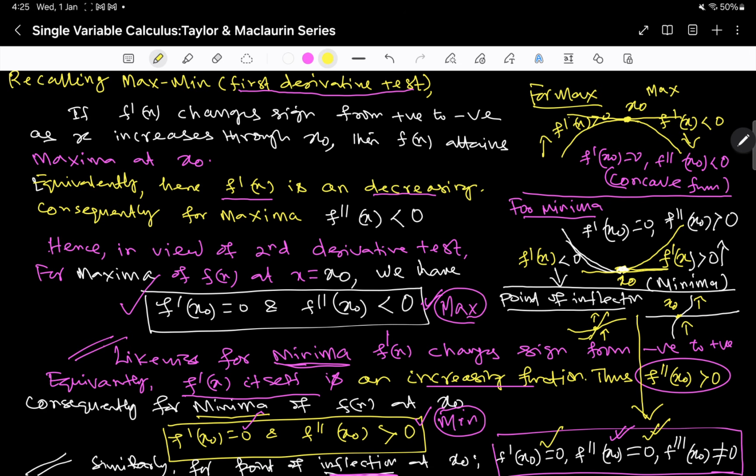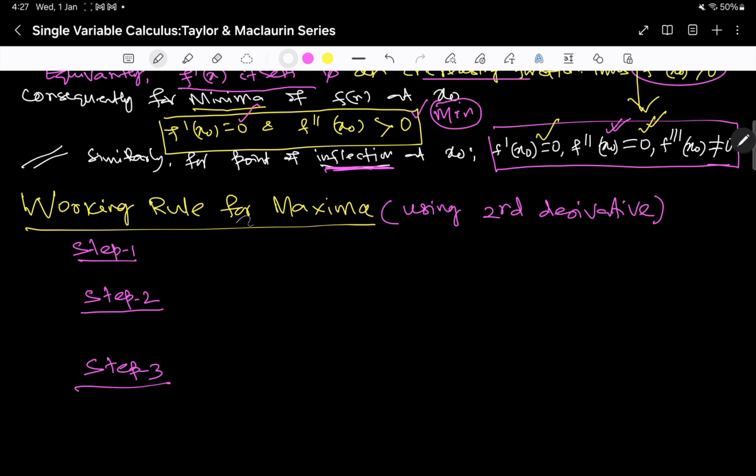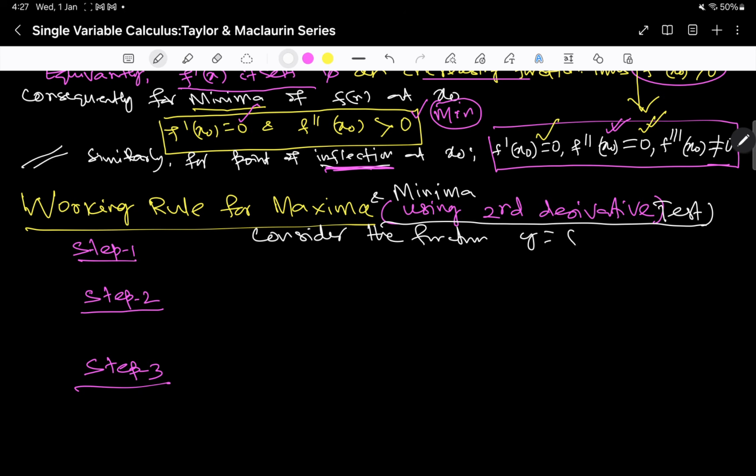So this is the background of maxima minima in view of the first derivative as well as the second derivative. To summarize, let me write the working rule for maxima minima in view of the second derivative. So coming to the working rule for maxima and minima using the second derivative test, consider the function y equal to f(x).